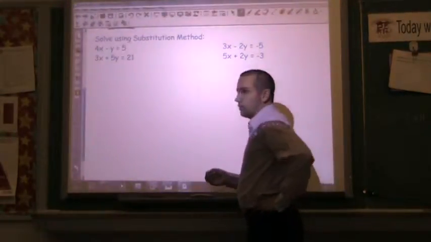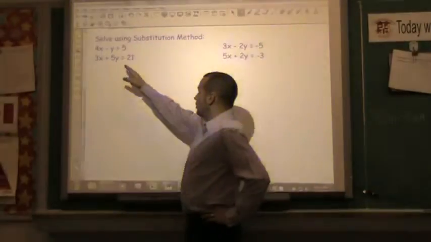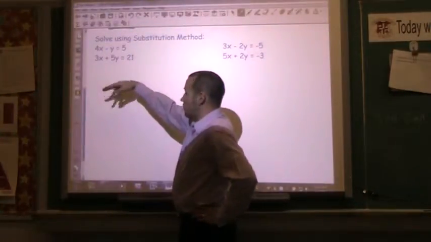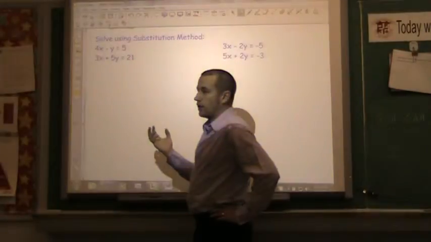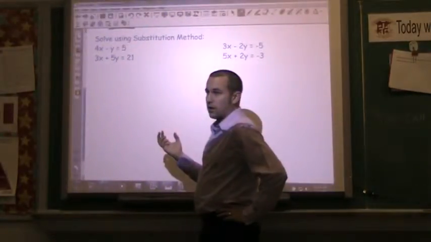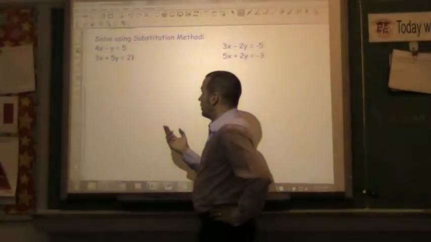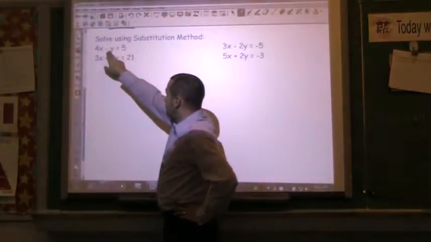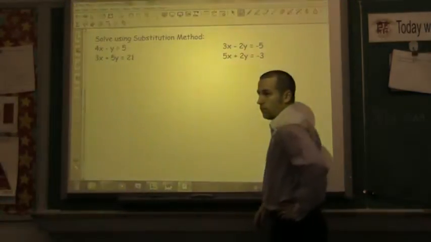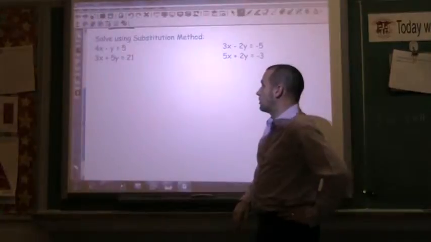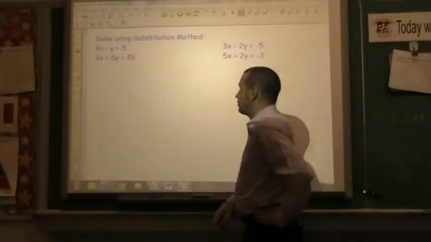The hint that I've given you in the class is, look for the smallest coefficient in front of either x or y. Usually that's a good place to start. And in this case, it would be the y right here. It just has a 1 in front of it, and a negative 1 back. It doesn't really matter, negative or positive.